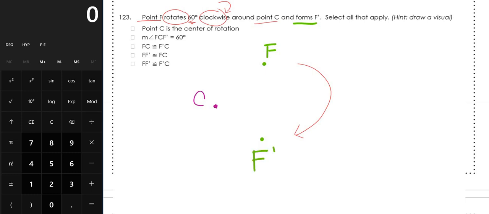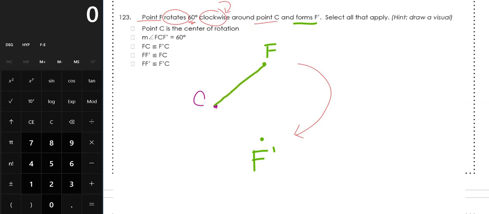All right, let's talk about this 60-degree thing. Now, the 60 degrees is an angle that you're going to get when you connect the before and after to the center of rotation. One more time. The 60 degrees is what you get when you connect the before and after back to the center. So here, I'm going to connect F, which is my before, to my center.